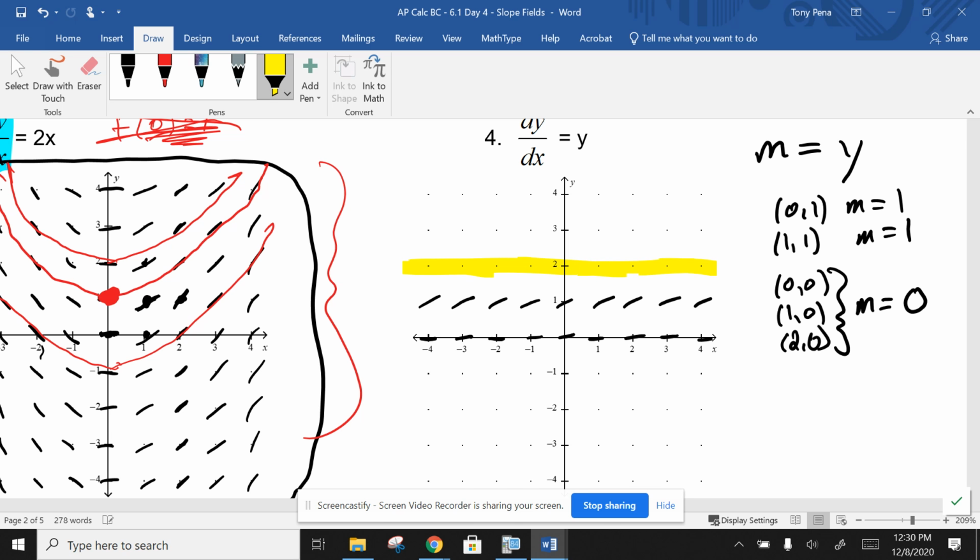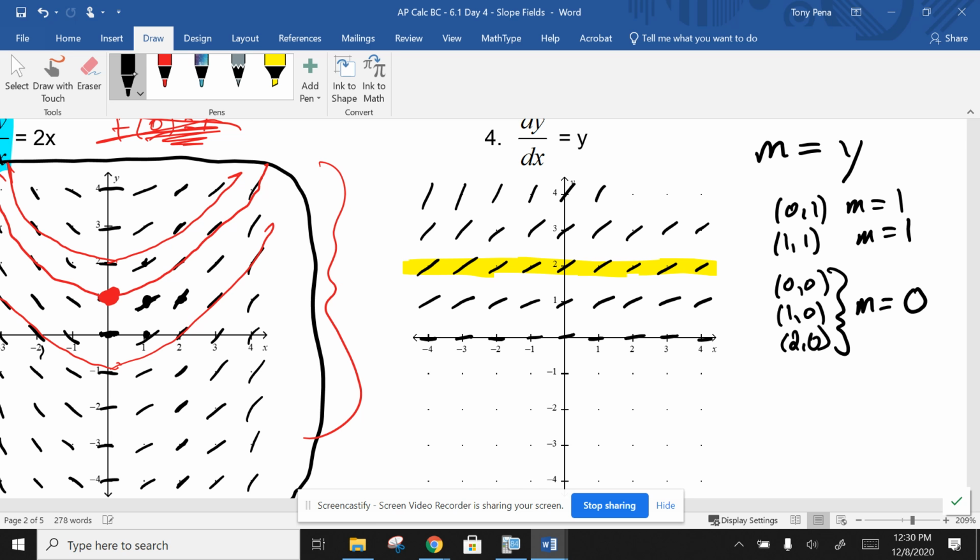Anywhere we're right here, aren't all of these y coordinates going to be 2? So if our slopes were 1 below it, then the slopes across this horizontal yellow line should all be the same, but they should be a little bit steeper than the slopes below it. And then the ones above that should be steeper yet, because these are all going to be slopes of 3. And then slopes of 4. So the top one should be our steepest.